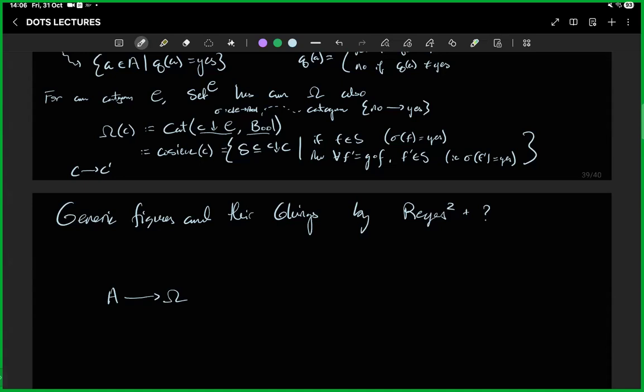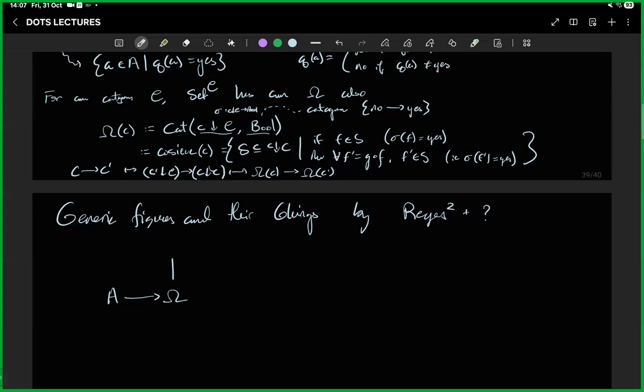I get a map from C prime sliced down to C, so this gives me C prime sliced down to C to C sliced down to C by precomposition. Then I precompose my functions into bool by that, which gives me my map omega C to omega C prime. It's a double dual. And you can go work out what that means in terms of the sieves yourself.